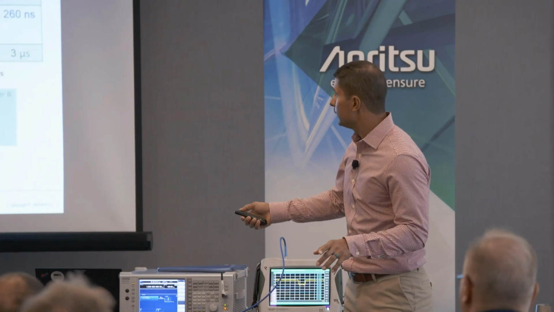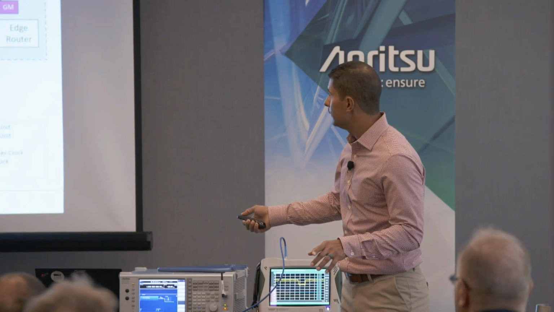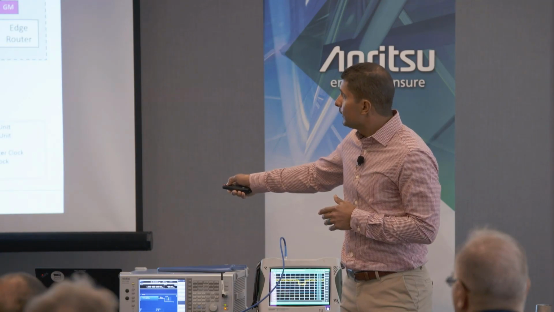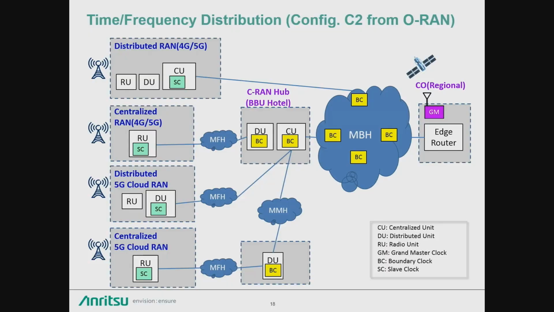The challenge where you would see the 3 microseconds is, let me go back to my previous example as a good view to see this. Let's say the network here, this DRAN for 5G, is within the same area as this CRAN for 5G, and these radios need to be synchronized with one another.